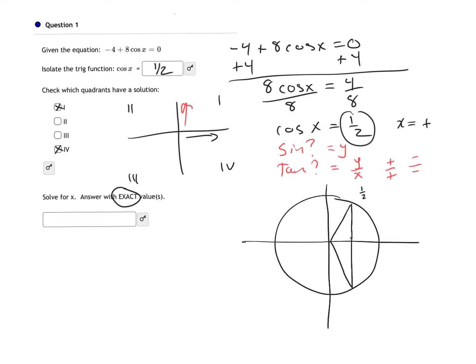So this was the point 1/2 and the square root of 3 over 2, and this is going to be 1/2 and negative square root of 3 over 2. This ends up being up here, pi over 3, and then this one over here is 5 pi over 3. So those will be my two answers, pi over 3 and 5 pi over 3.